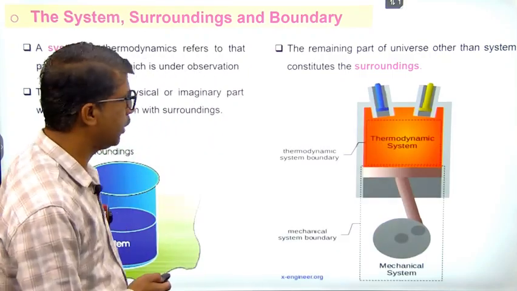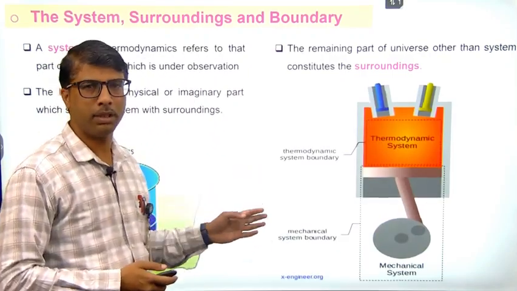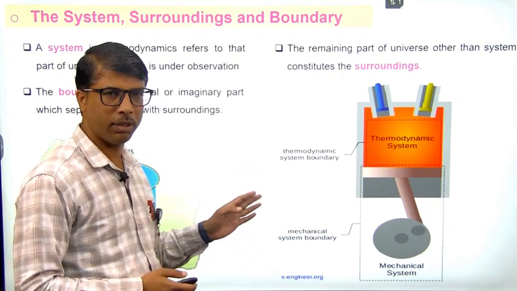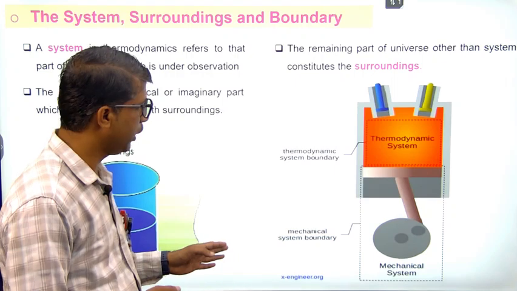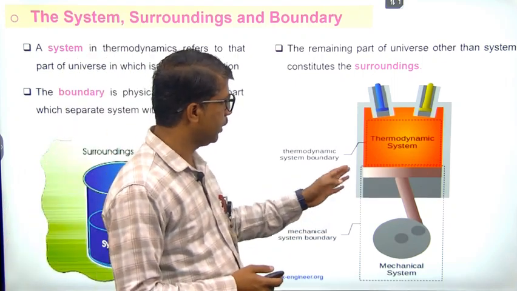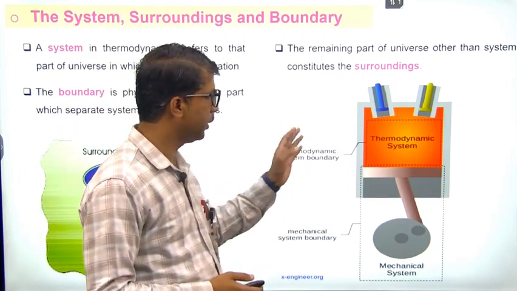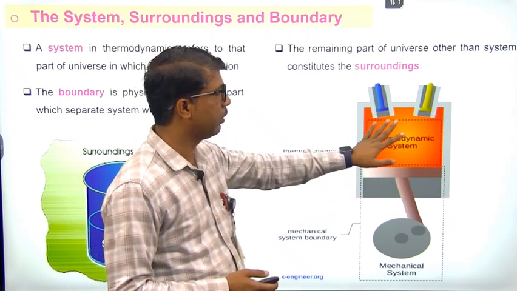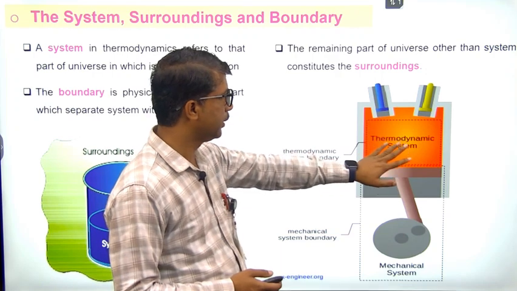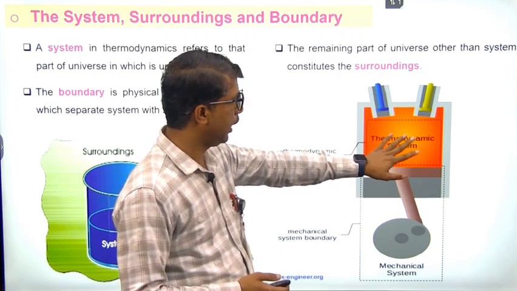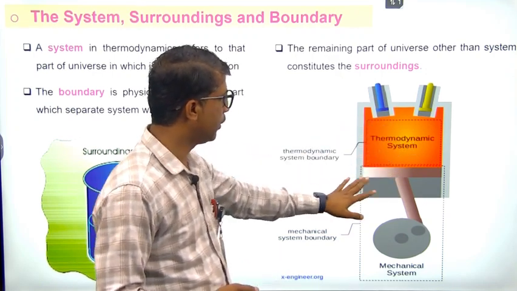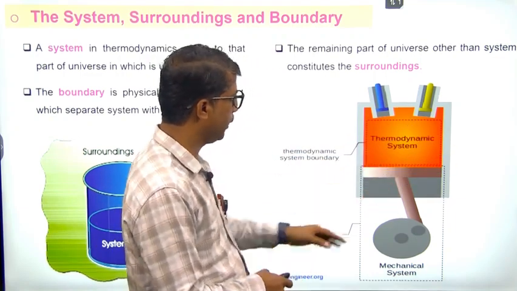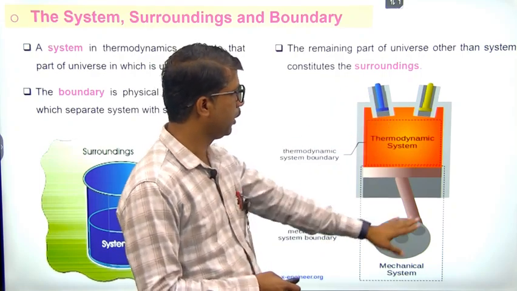Along with that, let us take one general example. This is one of the applications of thermodynamics. Here we have the piston, which is part of the engine. Here in the engine, this mixture of petrol and gas is called the system. The dotted line represents the imaginary boundary that separates this system from a part of the engine.